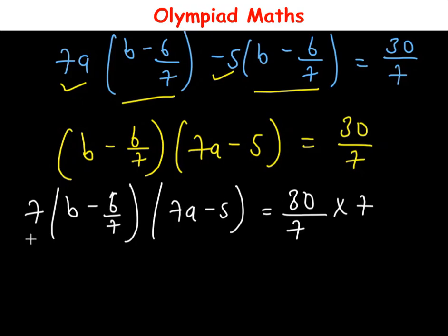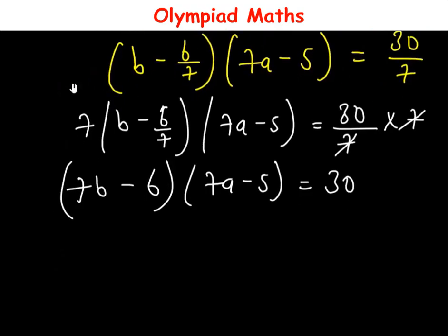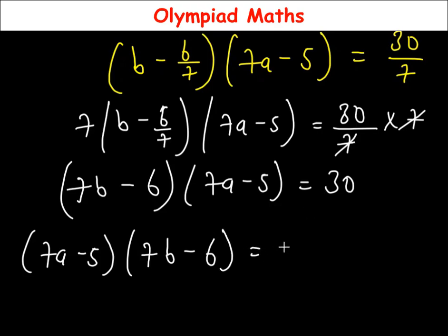So 7 times b is 7b, minus 7 times 6 over 7 is 6, then multiplied by 7a minus 5 is equal to 30, since 7 cancels 7. We rearrange this so that 7a minus 5 multiplied by 7b minus 6 is equal to 30.